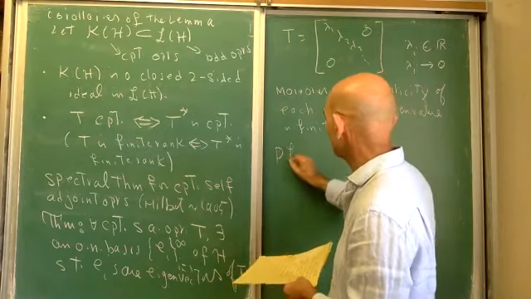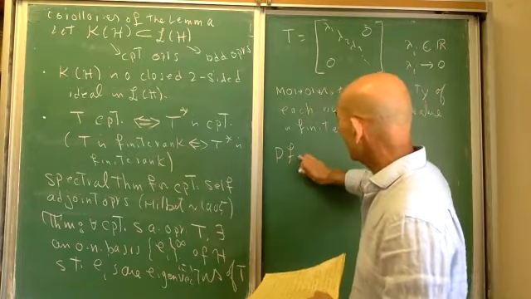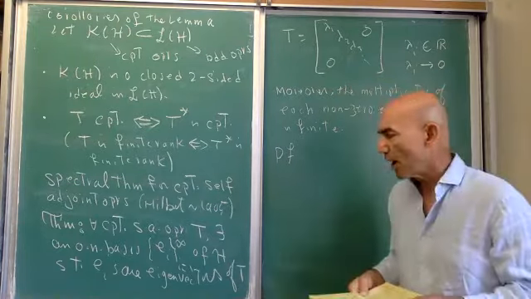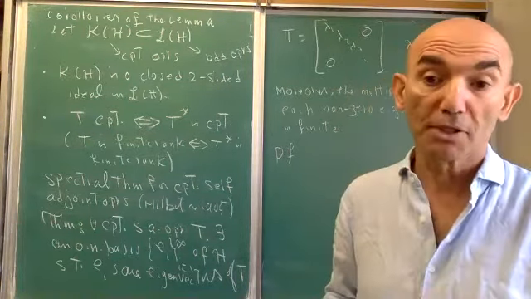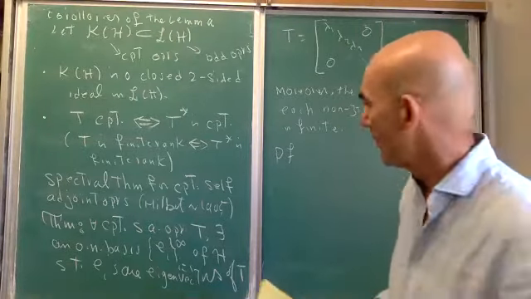So, the proof. The proof starts by giving one specific eigenvalue for the operator.